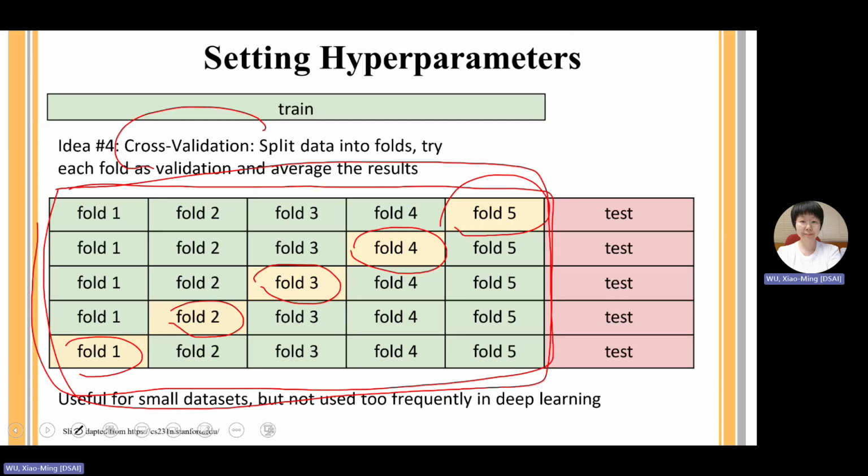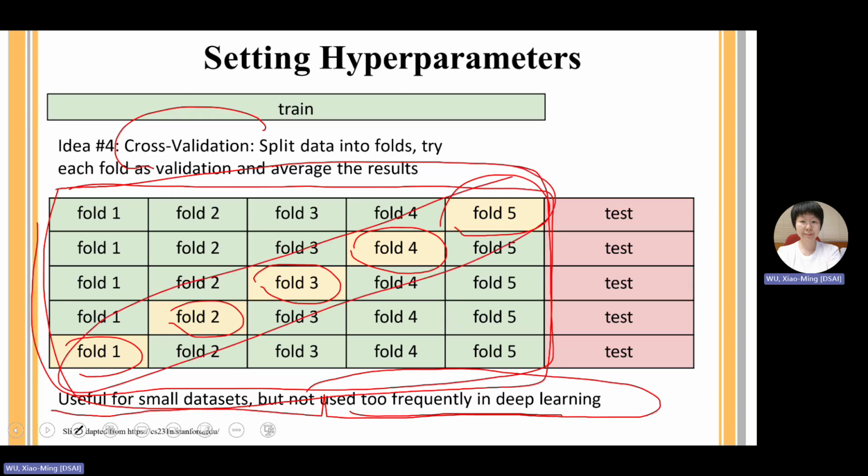And normally, we do not use cross validation too frequently for deep learning. Why? Because it's too time consuming. You don't want to train your model for many rounds.